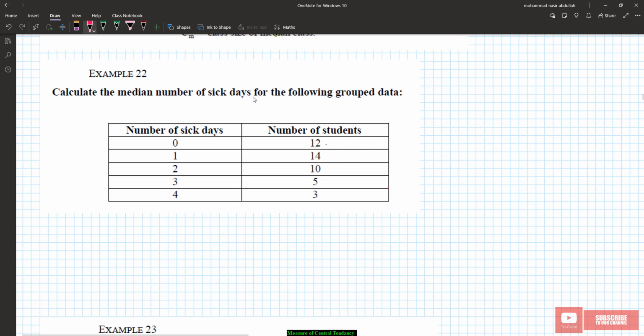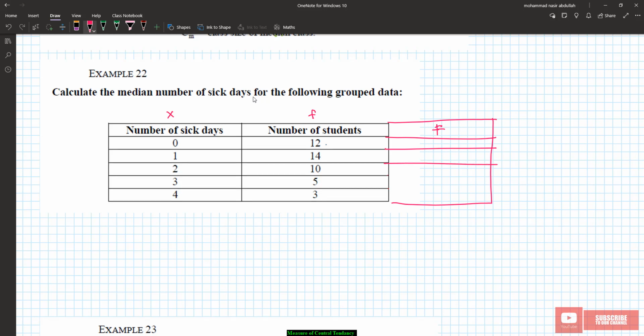So we have the value of x, and this first column is x, and this is frequency, and then we need to construct a cumulative frequency. If you look at this frequency table, we don't have a class size, because this is a single value.